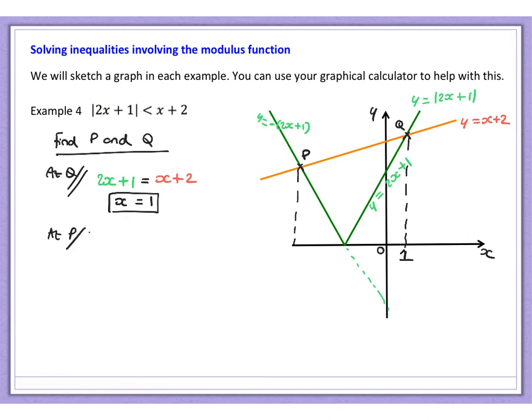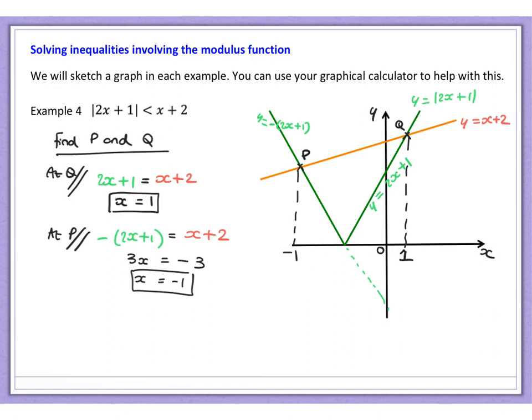At point P, we then know that -2x plus 1 must equal x plus 2. And let's rearrange this. So this gives us 3x is equal to -3. x is equal to -1. So a nice piece of symmetry here.